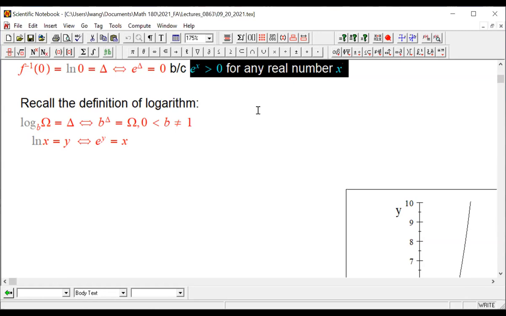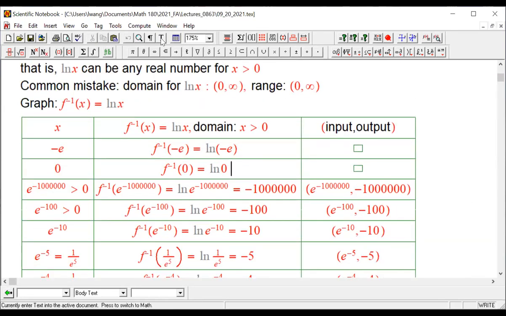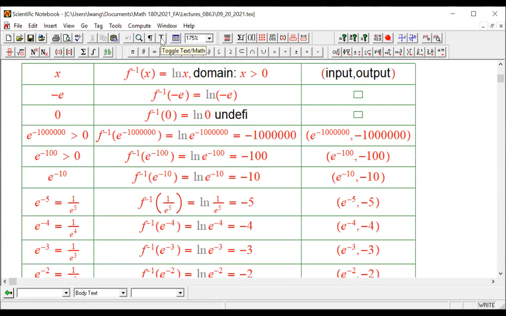This is a powerful statement that's waiting for us there. If you go back to the definition, we talk about definition to the king, or pharaoh, or emperor, or whatever you call it. Definition to the king. All right, so this is also undefined.